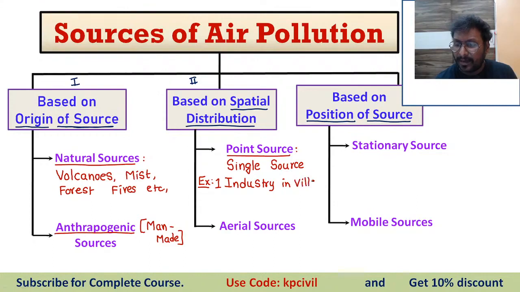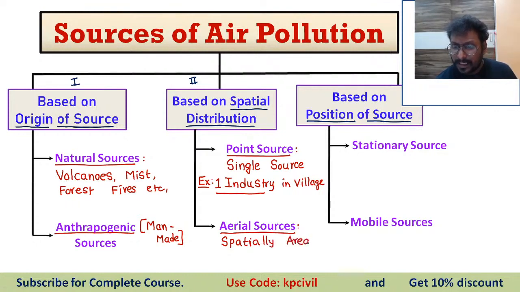In the entire village there are no more industries, only one industry located at the outskirts of the village. So how many points of air pollutants are released? How many points of sources of air pollution? Only one point of source, that is a single industry. Aerial sources: pollutants are distributed spatially over a huge area.